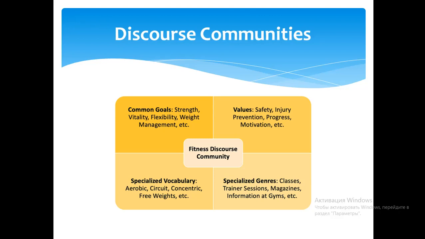This regulation and control is exercised in a number of ways. First of all, since the goals of the community and the ways these goals are to be accomplished are built in to the texts that members of a discourse community use on a daily basis, it becomes much more difficult to question those goals.